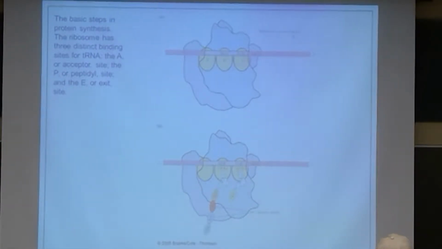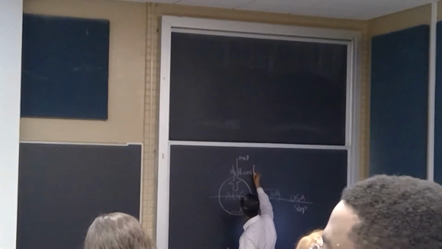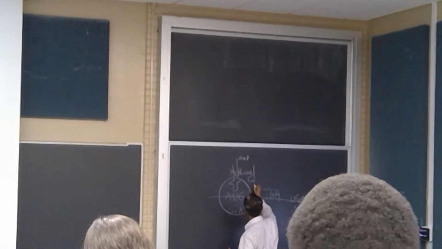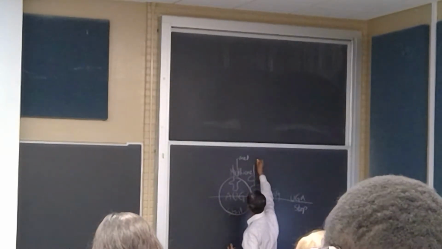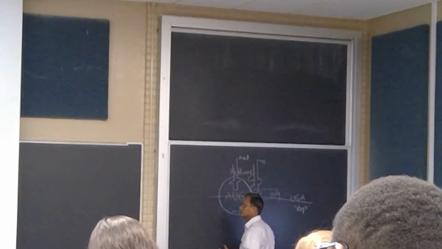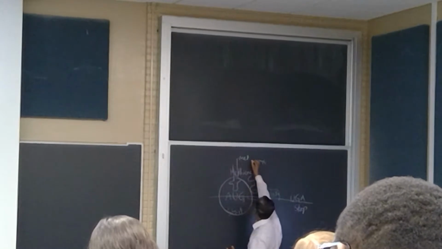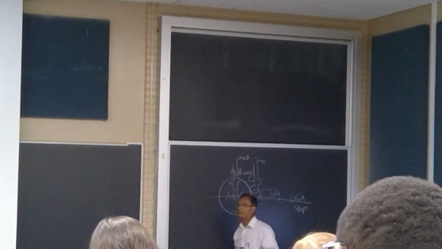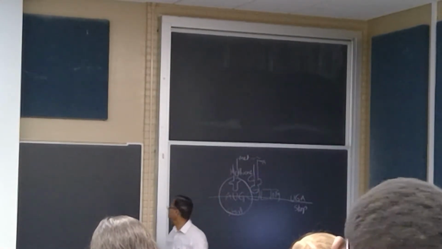right? So this is your mate, another amino acid comes here, right? Another amino acid comes here. So eventually you need to form the peptide bond, right?